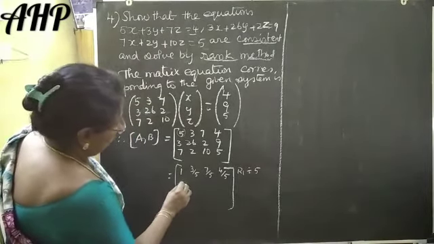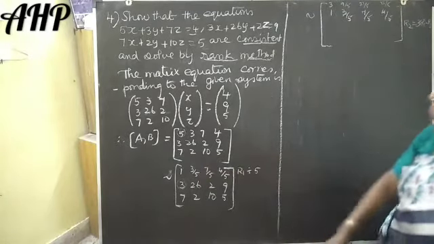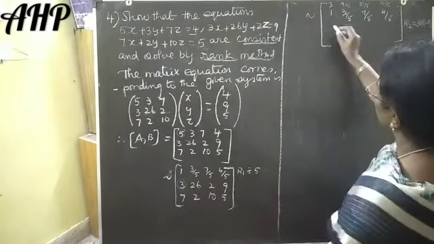So now R2 is equal to 3R1 minus R2. So 3R1, you multiply by 3. This will be 3, this will be 9 by 5, this will be 21 by 5, this will be 12 by 5. So in this place 3 minus 3 will be equal to 0.